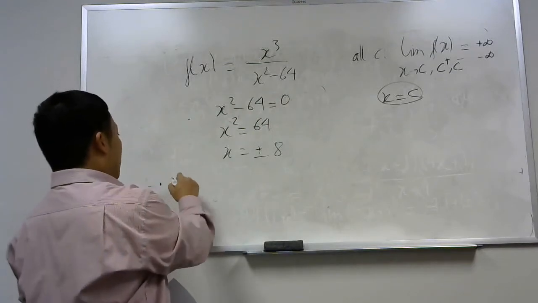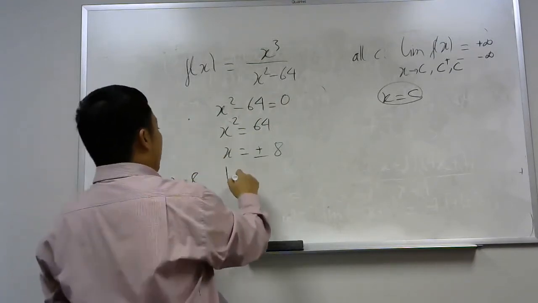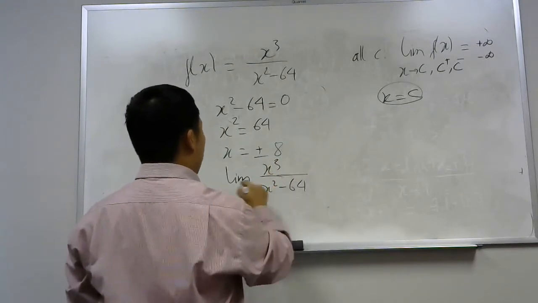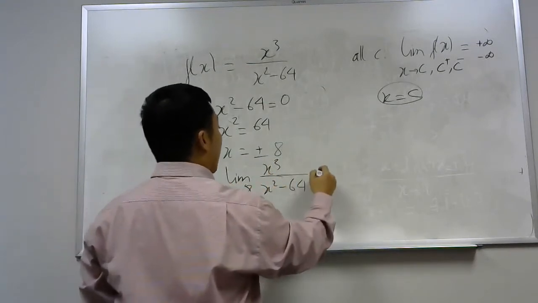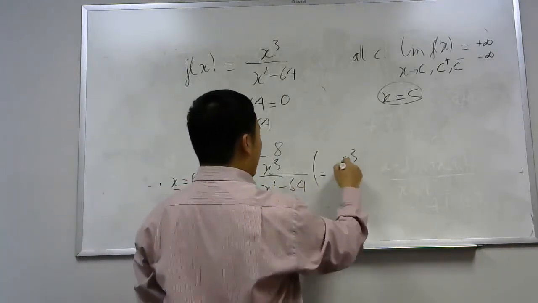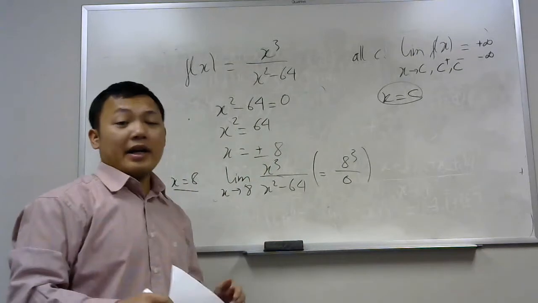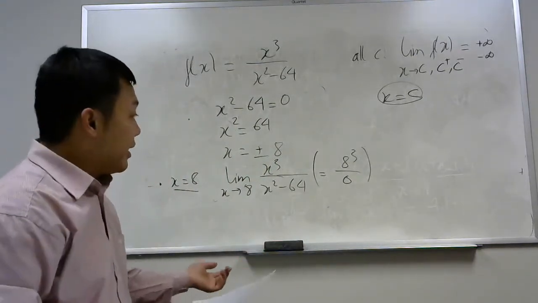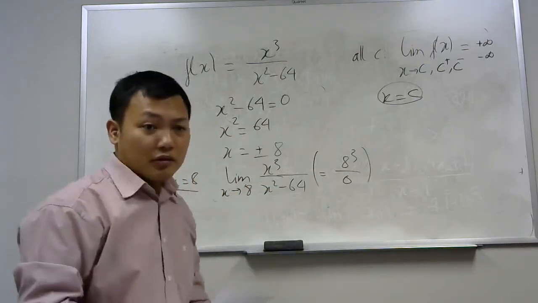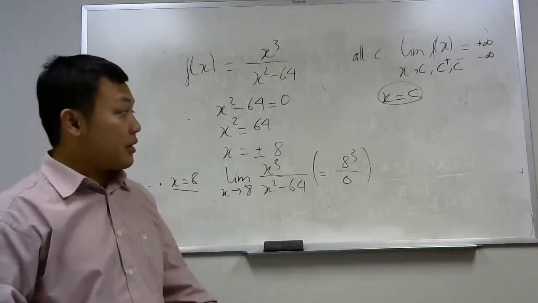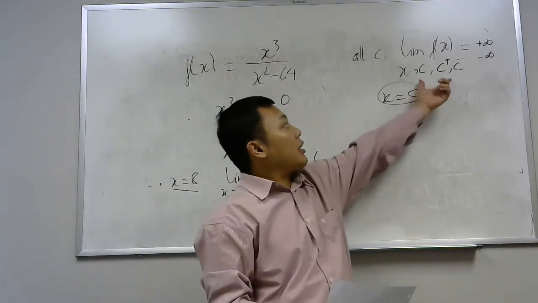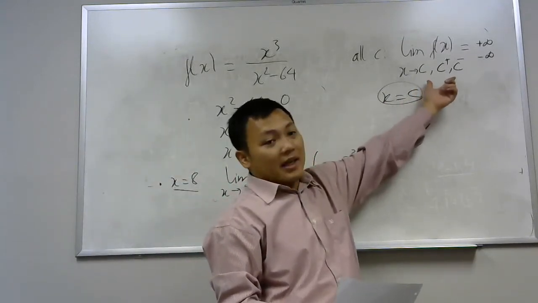So for when x equal to 8, I find the limit of x cubed over x squared minus 64, right? When x goes to a, and I see when I plug a into this function, I get a cubed over 0. So I can tell you right away in this situation, you just say x equal to a is a vertical asymptote, because if you have some number divided by 0, you are in one of these cases.